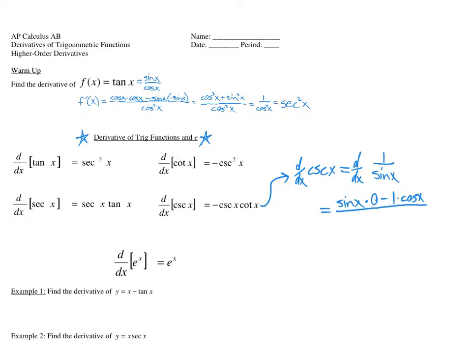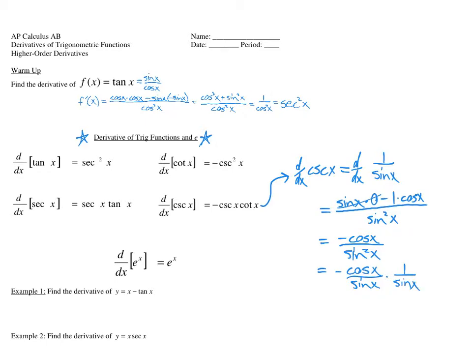Okay. Now this is over the denominator squared. Okay? So of course sine times 0 is 0, and we have a negative cosine x over sine squared x. And I'm actually going to rewrite this a little bit. I'm going to rewrite this as a negative cosine x over sine x times a 1 over a sine x.